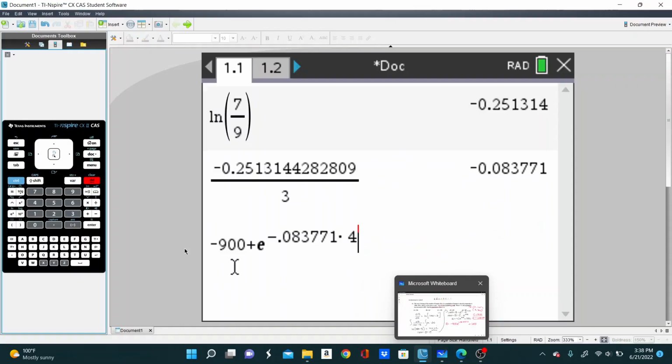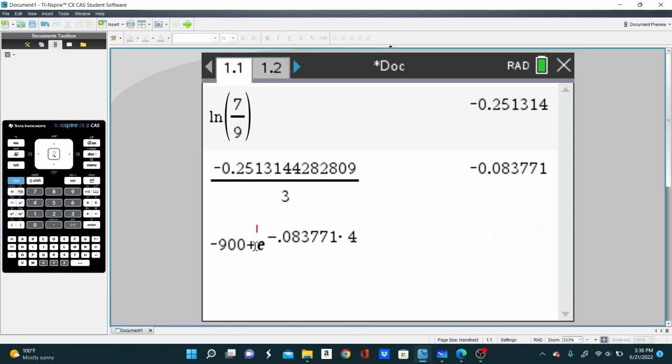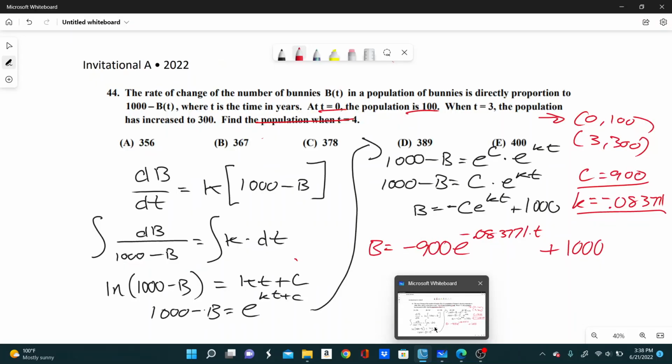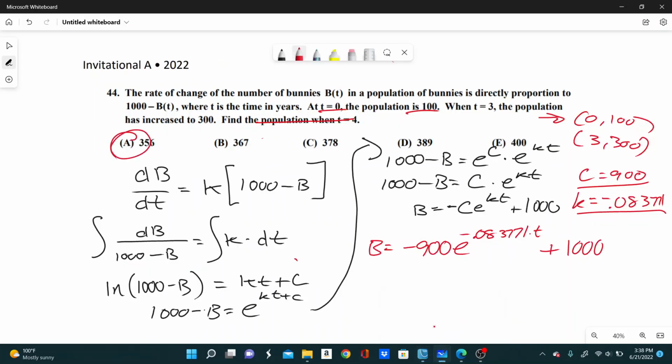Negative 900 times that. There we go. And then in the end, we just add 1,000. So hopefully this gives us a positive number because we're looking for population. And it does. So it looks like our population at time equals 4 is just going to be 356. And that is answer choice A.